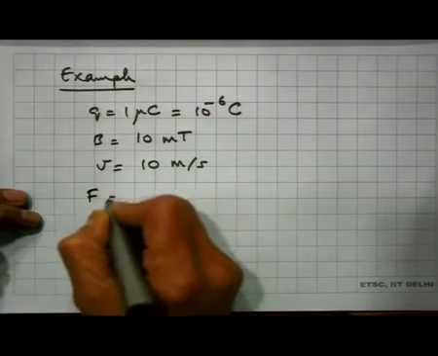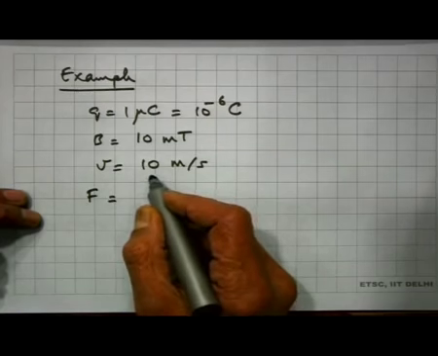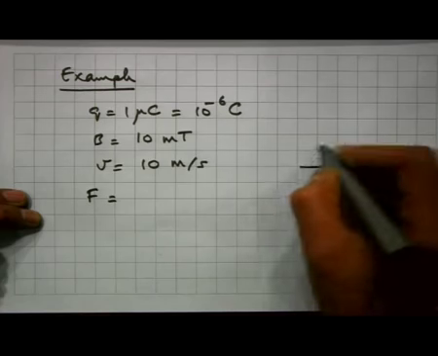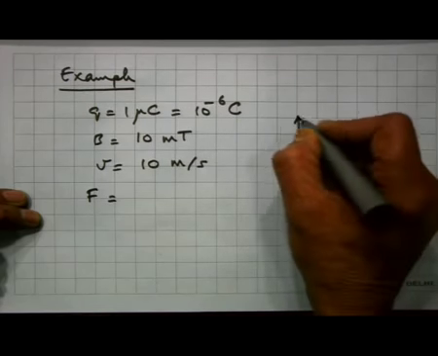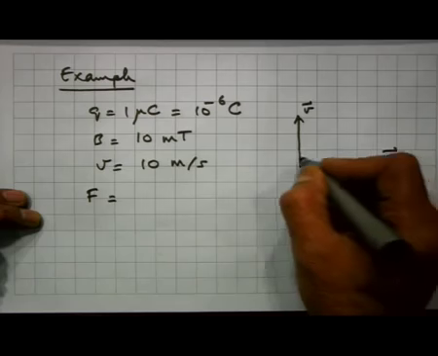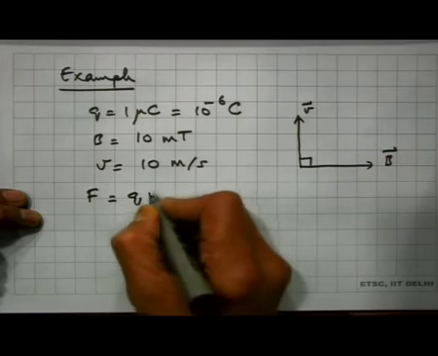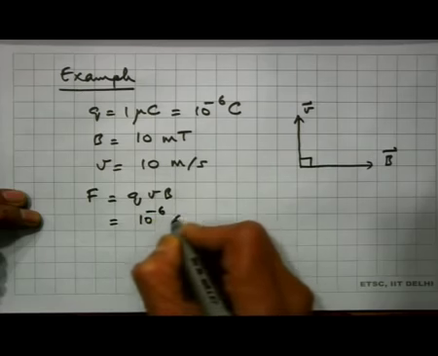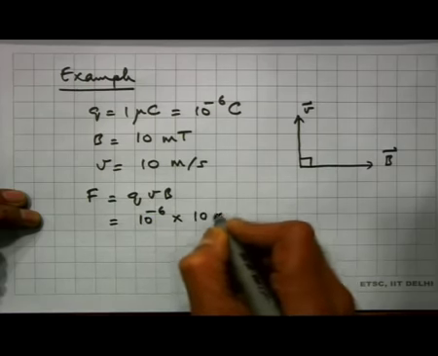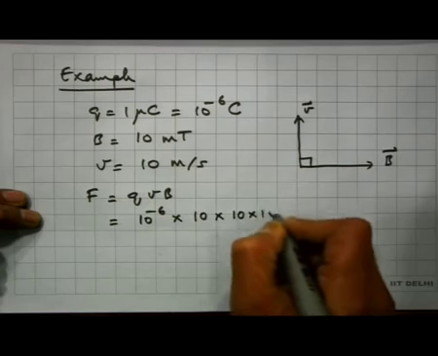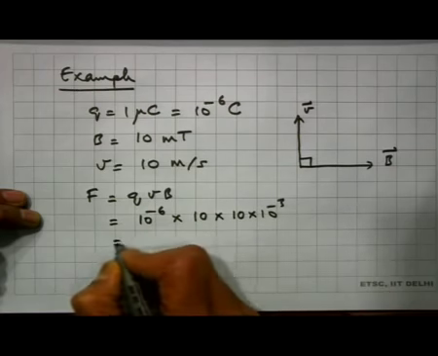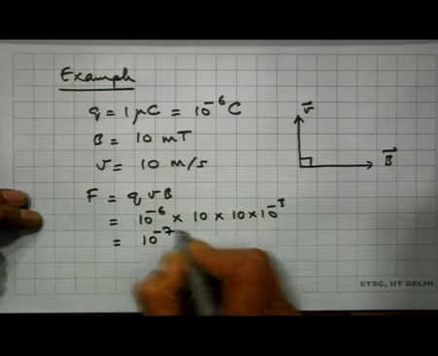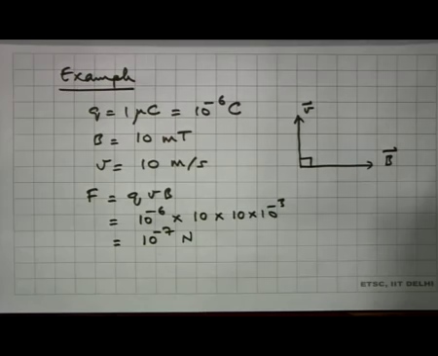Let me assume that the velocity is perpendicular. So this is the magnetic field and the charge is moving like this. That's 90 degrees. So the force is Q V B, which is equal to 10 to the minus 6 coulomb into 10 meters per second into 10 millitesla, which is equal to 10 to the minus 7 Newton. That's the force acting on the charge.